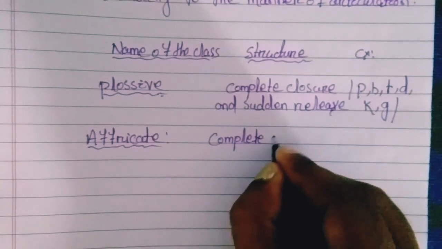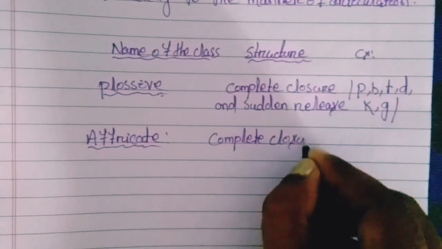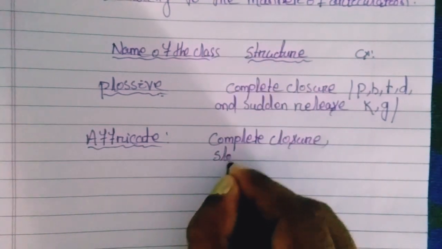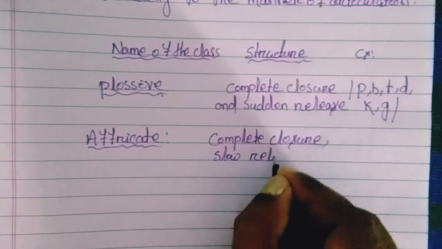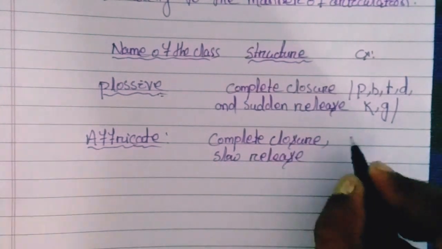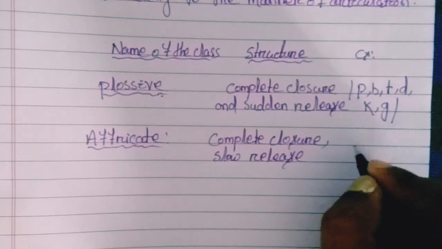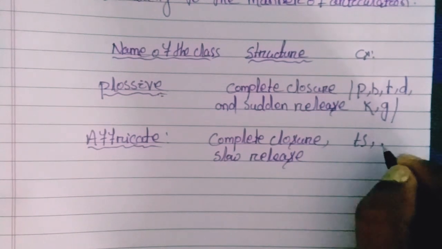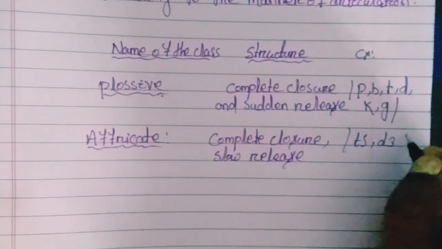Here is also complete closure but slow release. And the examples of affricate sounds are cho sound and jo sound.